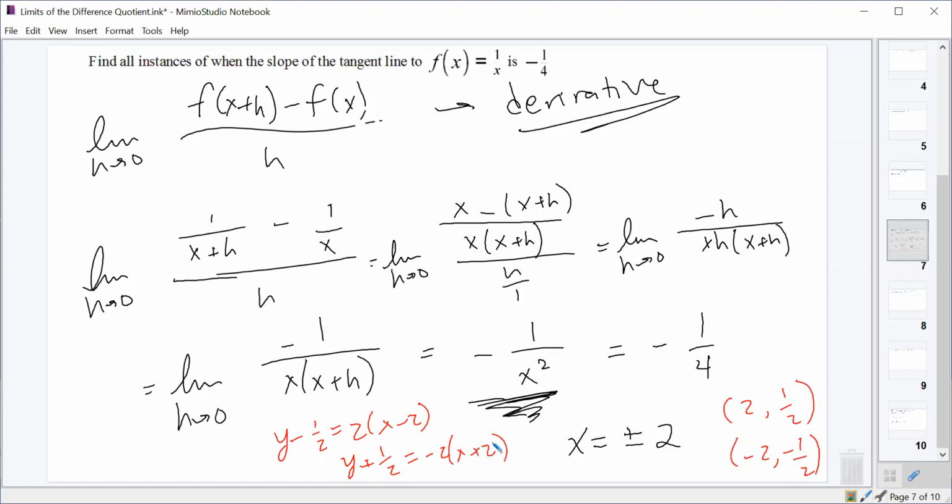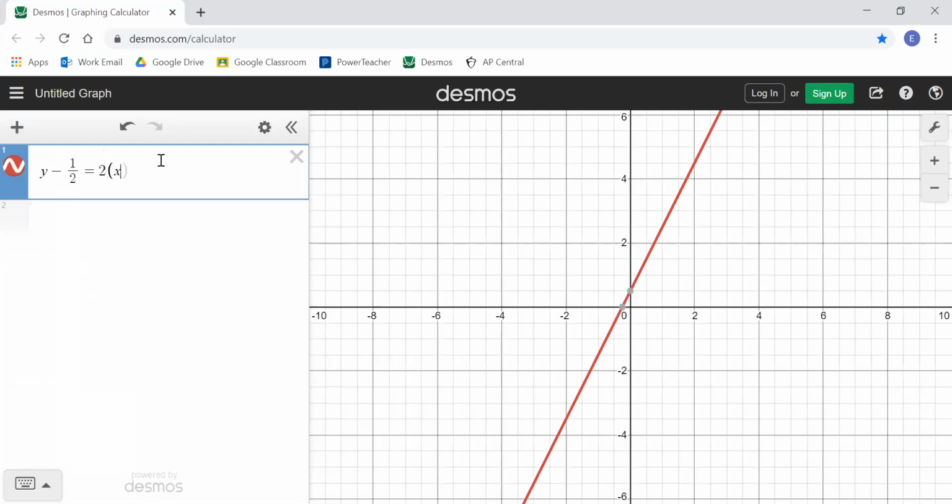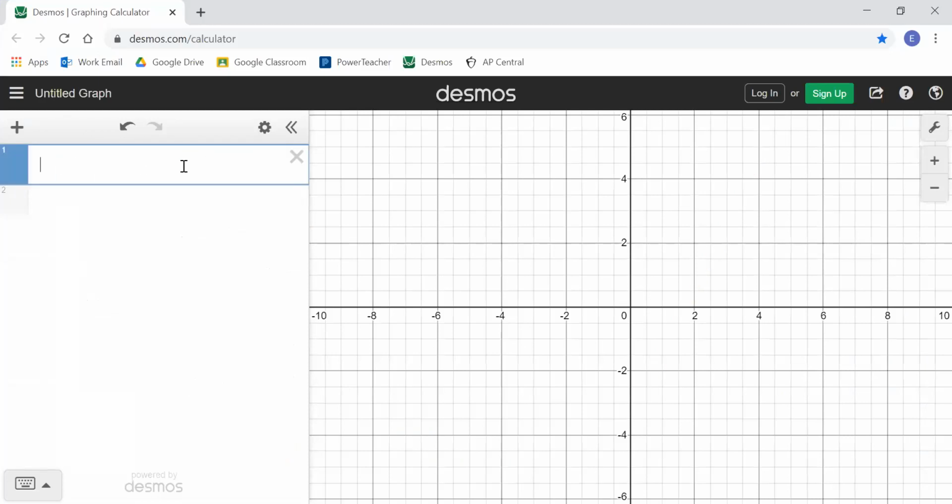Those would be the actual equations of the tangent line. And if we went in and graphed this in Desmos, y minus 1/2 equals 2 times x minus 2. I have to actually graph the actual function first.